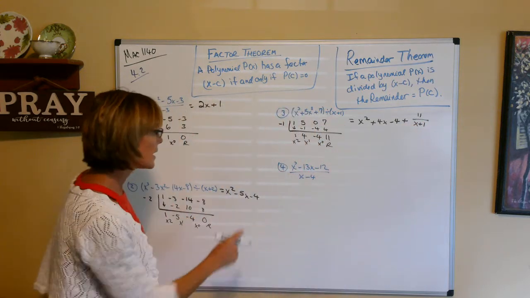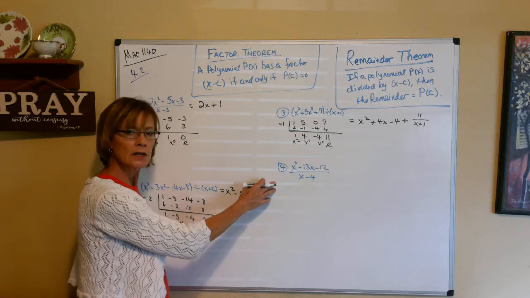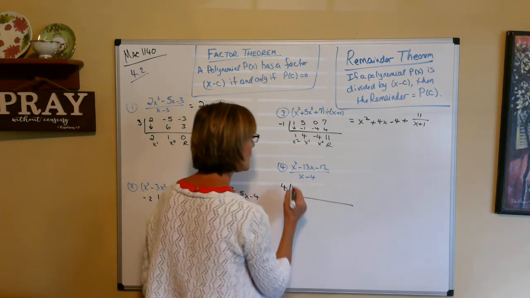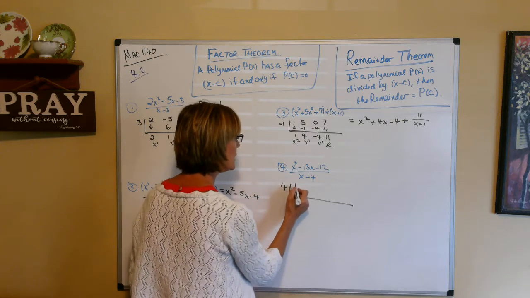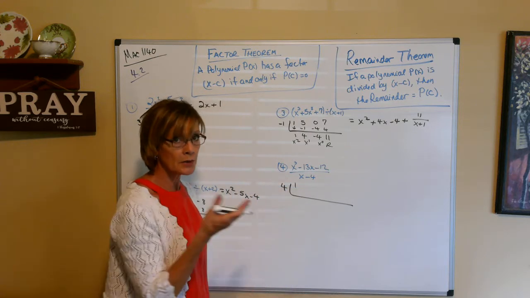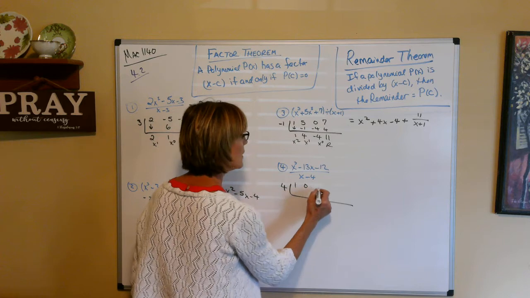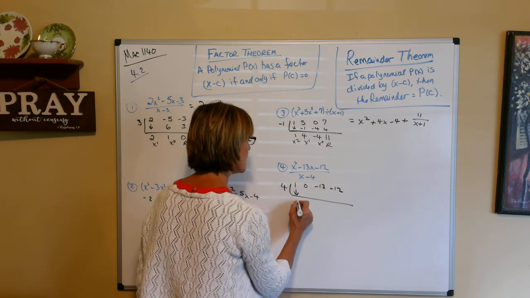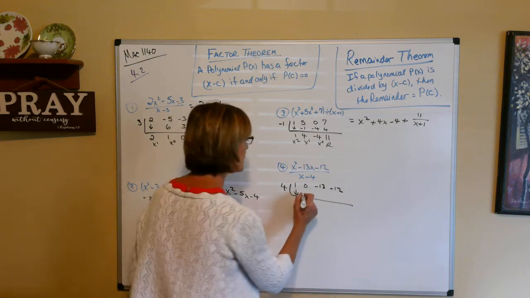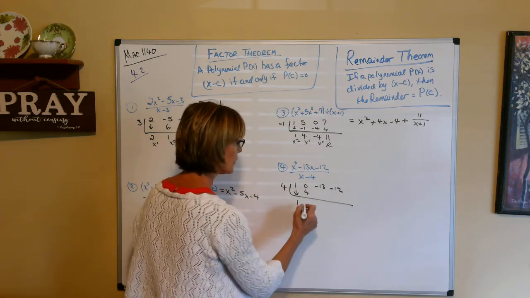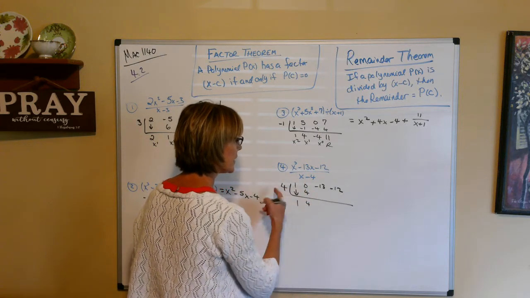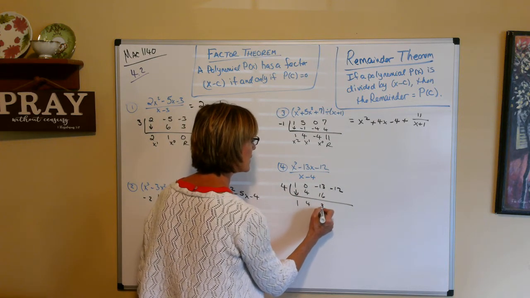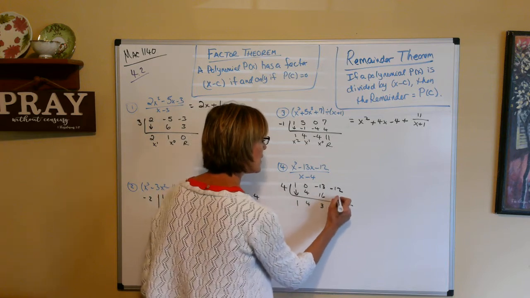Okay, great. Down here, let's use synthetic division here. C is equal to 4, long L. My coefficients are 1. I do not have an x squared term. Put the placeholder in, 0. Negative 13, negative 12. Bring down the 1. 1 times 4 is 4. 0 plus 4 is 4. 4 times 4 is 16. Negative 13 plus 16 is 3. 3 times 4 is 12.